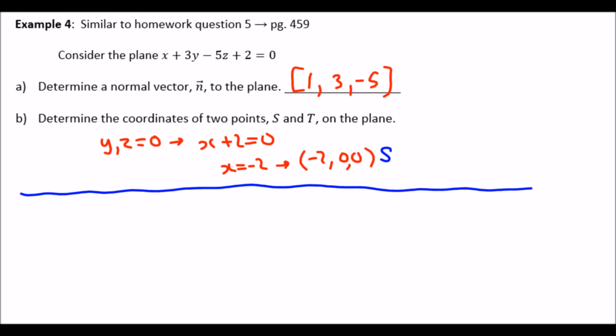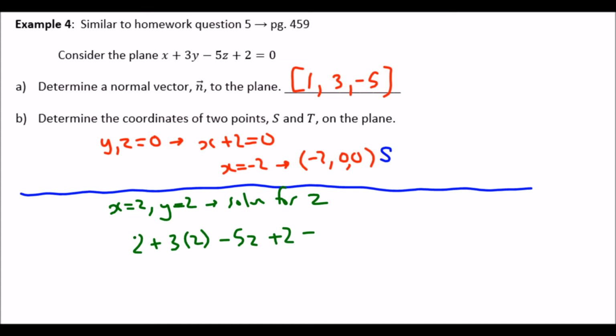Let's do another one. I'm going to cheat a little bit here, but I believe if I use 2, 2, it's going to give me 8, 10. So I'm going to use x is equal to 2, y is equal to 2, and solve for z. A little bit of cheating. So I have 2 plus 3 times 2 minus 5z plus 2 is equal to 0.